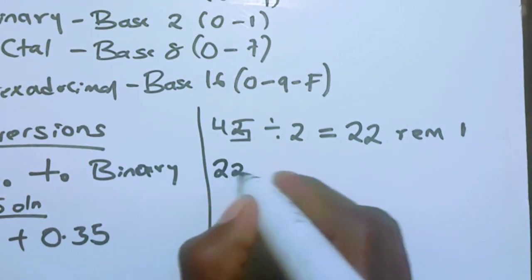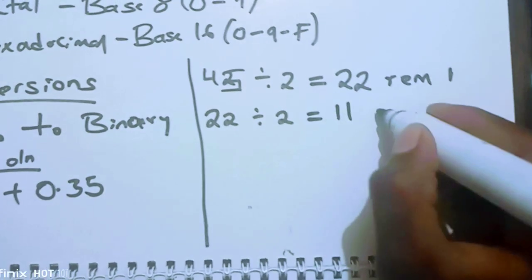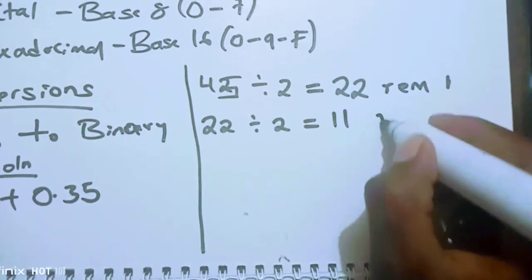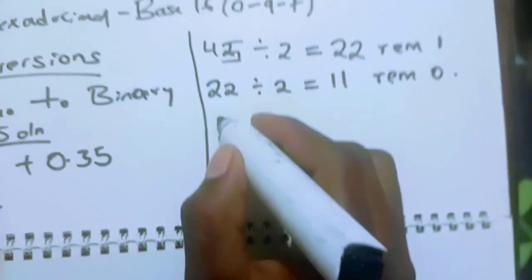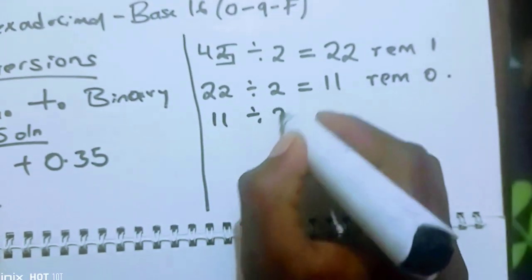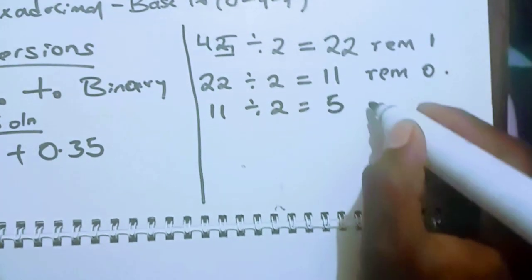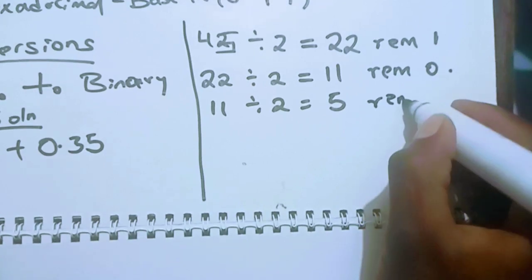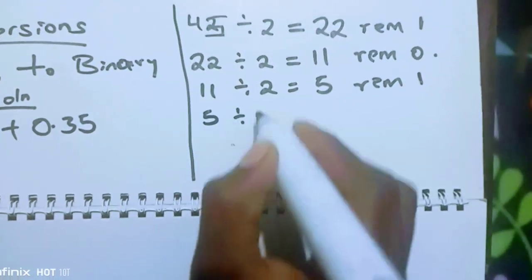Then take your 22, divide it also by 2. You'll get 11 with a remainder of 0. Take that 11 again, divide it by 2. You'll get 5 with a remainder of 1, since 5 times 2 is 10. Take that 5, divide it by 2.